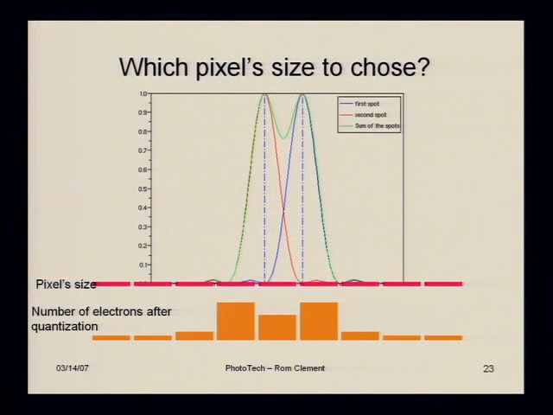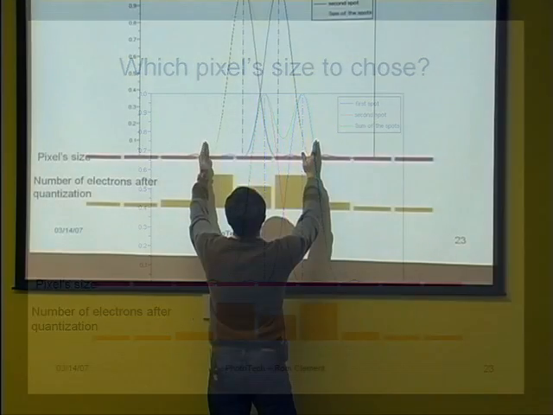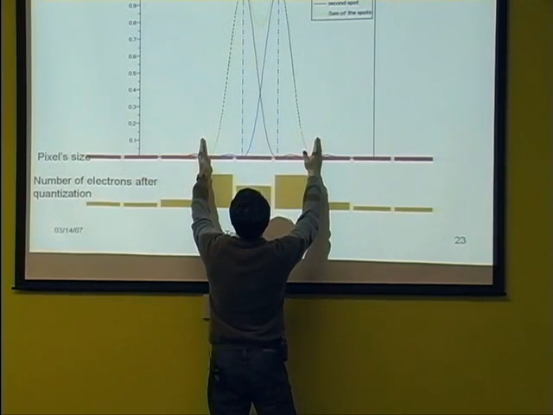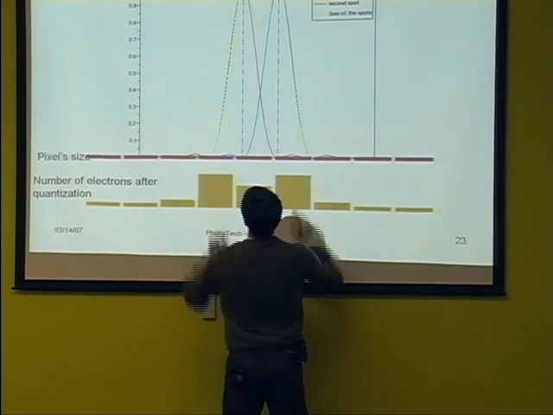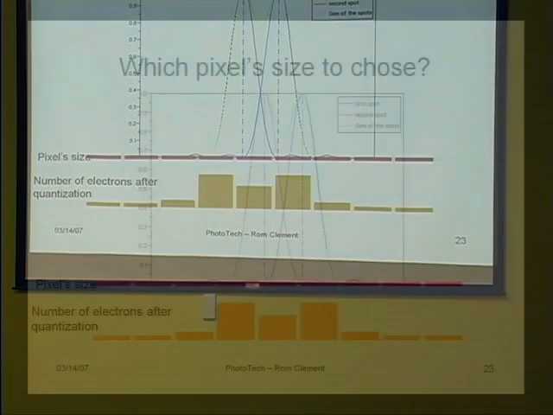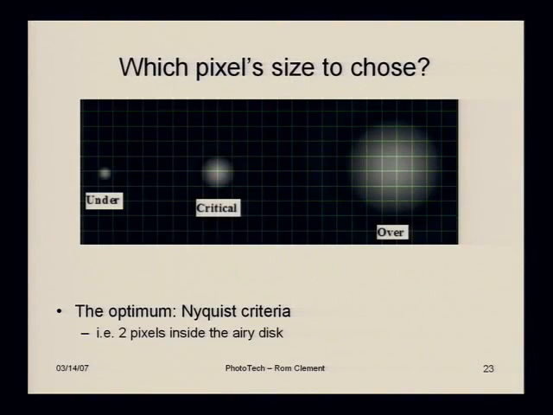So I basically need to have 3 pixels contained between the two zeros of my total function, the sum of the two spots. And this is what is called the Nyquist criterion.